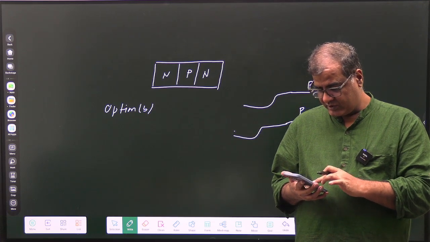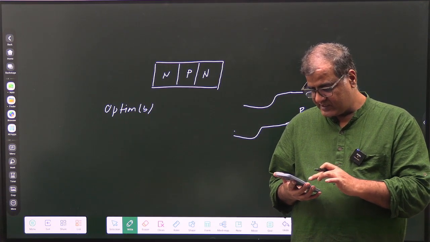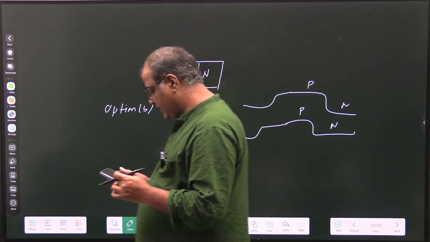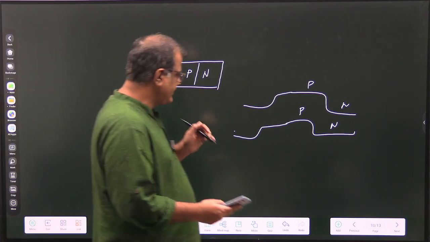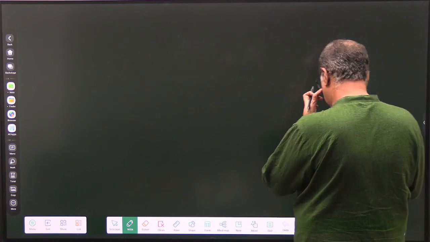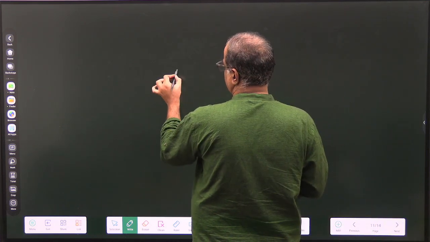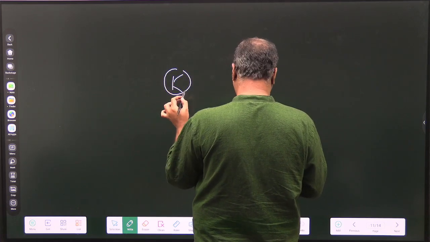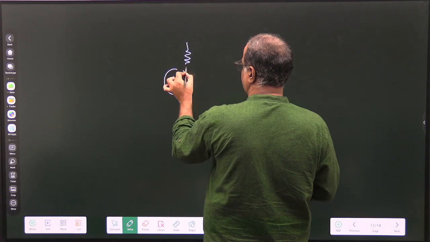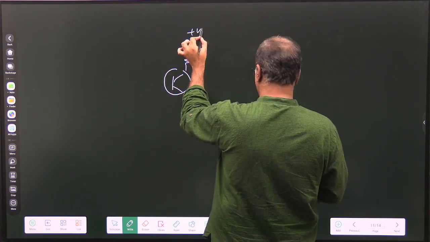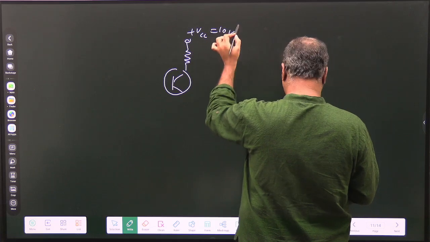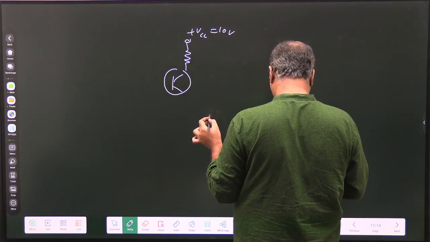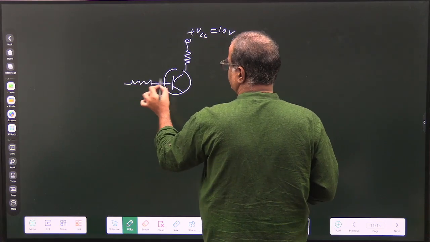Now the question number 4, in the given circuit VCC given 10 volts and beta is 100 NPN transistor, the collector voltage VC in volts is, okay, VBE equal to 0.7, निकालो। So this is your circuit. Plus VCC, VCC कितना दे रखा है? 10 वोल्ट। This is 100 kilo ohm resistance here.